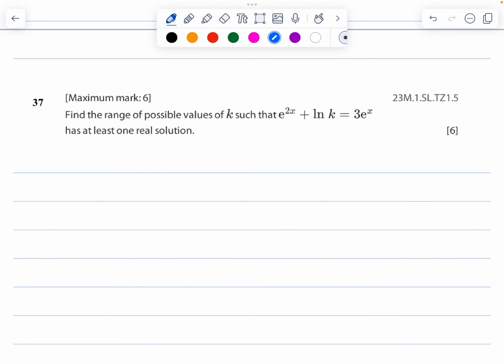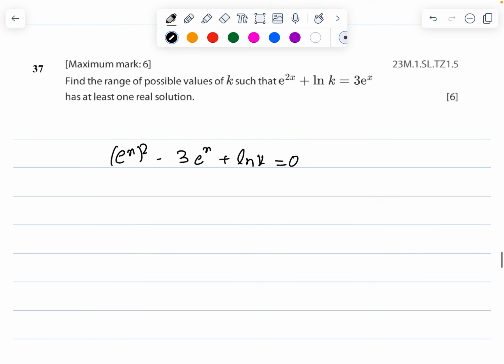Question number 37. Find the range of possible values of k such that e to the power of 2x plus ln k equals 3e to the power of x. So (e to the power of x) squared minus 3e to the power of x plus ln k equals 0. Now it has at least one real solution, so the discriminant should be greater than or equal to 0.